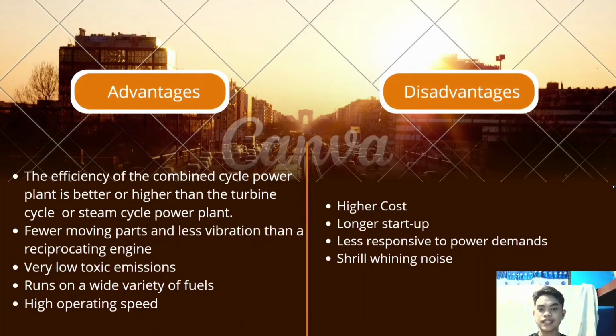So let's tackle the advantages and disadvantages of the combined cycle power plant. The advantages: the efficiency of the combined cycle power plant is higher than the gas turbine cycle or steam cycle power plant alone, fewer moving parts and less vibration than a reciprocating engine, very low toxic emissions, runs on a wide variety of fuels, and high operating speed.